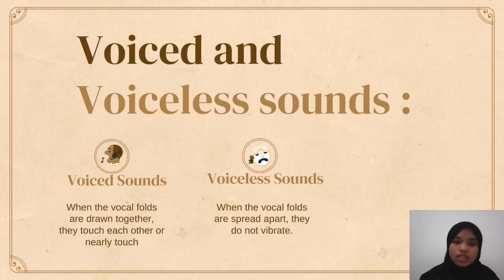So the next is voiced and voiceless sounds. The first is voiced sound. When the vocal cords are drawn together, they touch each other or nearly touch. The voiceless sounds are when the vocal cords are spread apart and they do not vibrate.